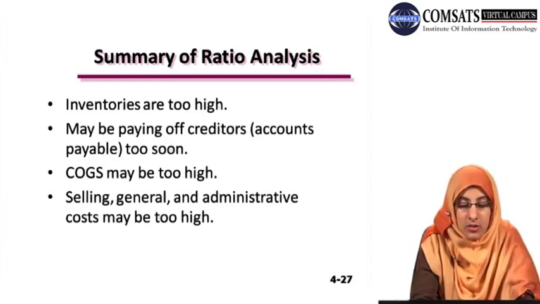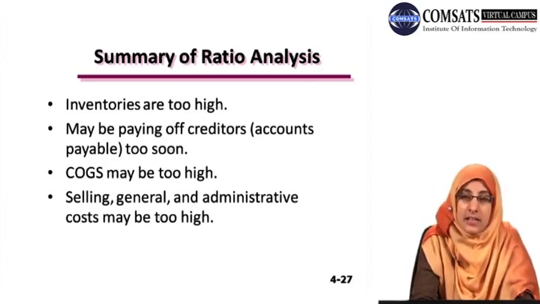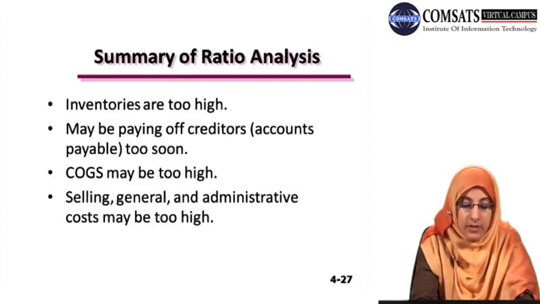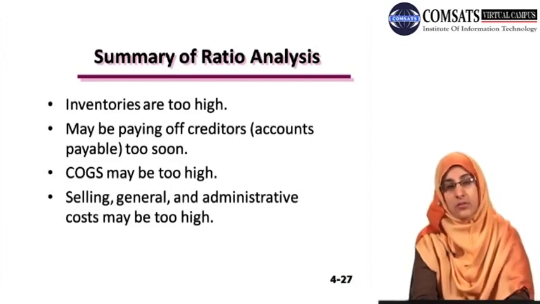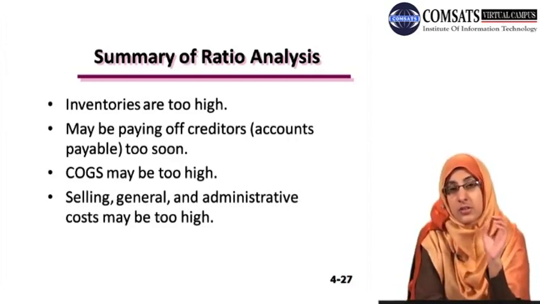Then if we talk about maybe paying off creditors accounts too soon, that means कि accounts receivable और accounts payable बहुत ही अच्छे level पे थे, that they can easily now pay their creditors, because of the good condition. Then we looked at the cost of goods sold may be too high. Of course, when we found out the profitability ratio, we found out that there is some issue with the gross profit margin or net profit margin.